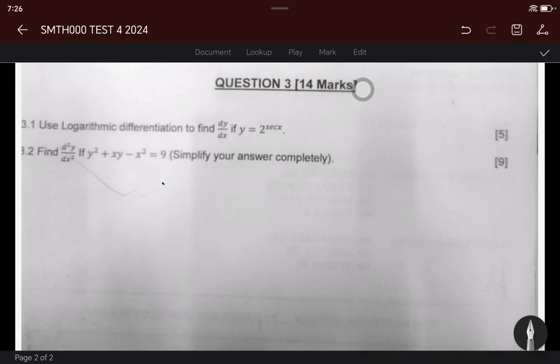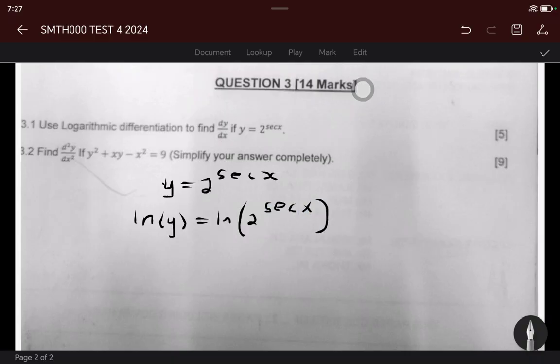They say find dy over dx if y is equal to 2 to the sec x. All right. So first thing we can do here, we can just introduce the ln both sides. If you have any question, you can just send it in the group and let me know so I can check it.